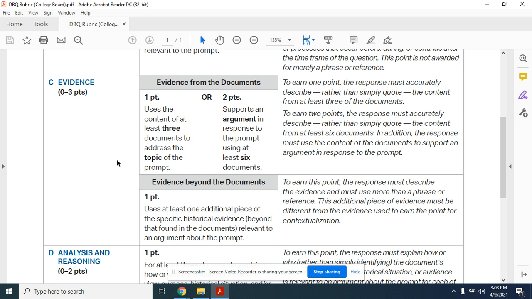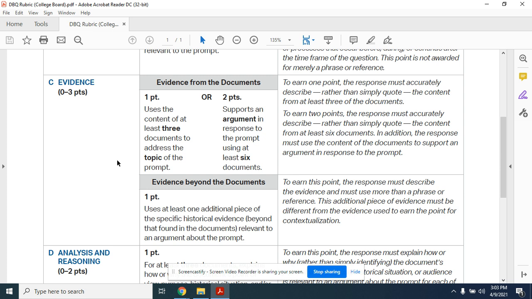So that is why when you first start to think about the essay, first start to think about the prompt, you want to start to think about evidence too. What are some of the key pieces of evidence in this time period that I might use? And then if you encounter them in the documents, okay, can't use that one, but maybe you've got something else. That says at least 1. So we want to aim for at least 2, because if we don't do it effectively and we only have 1, we're missing this point.